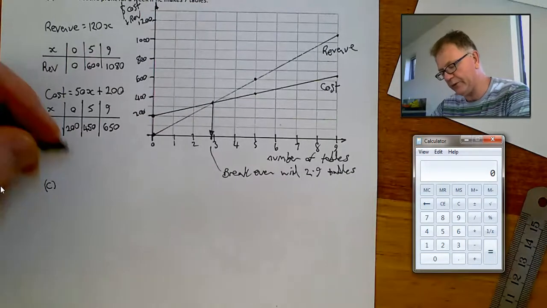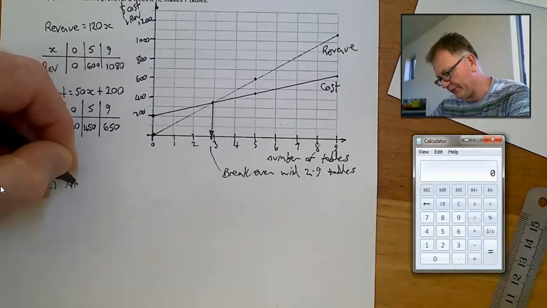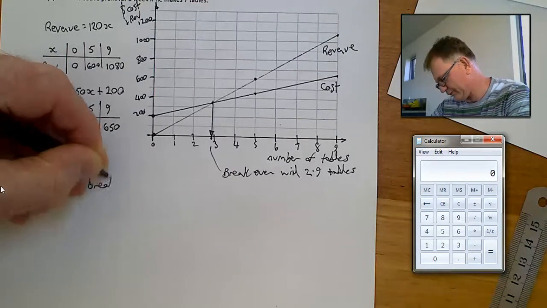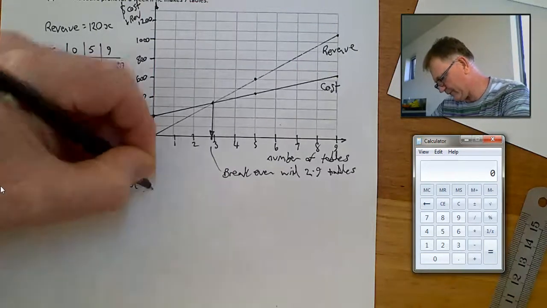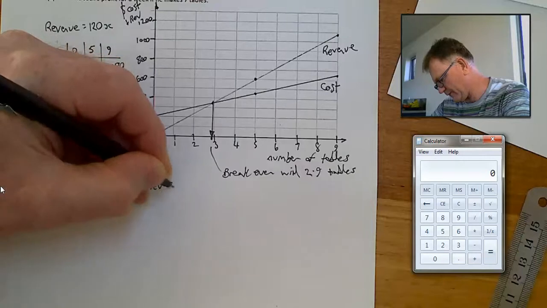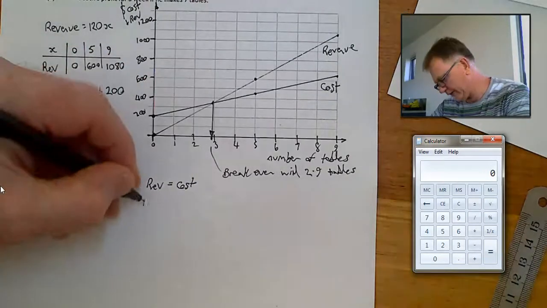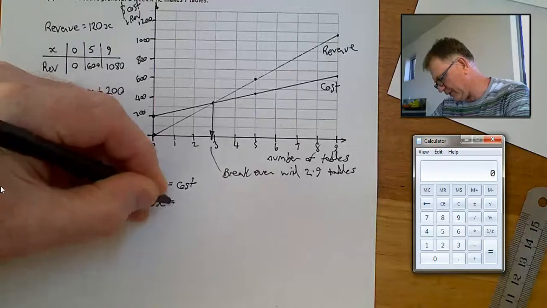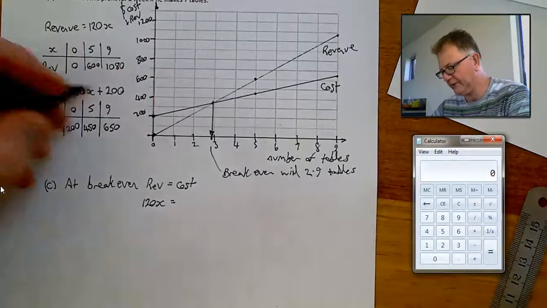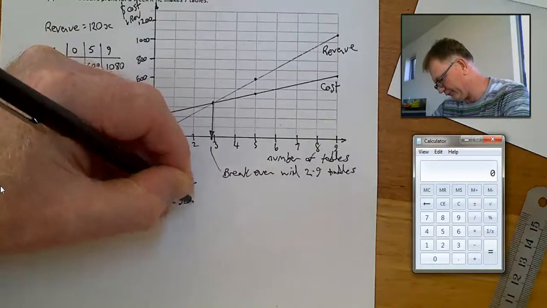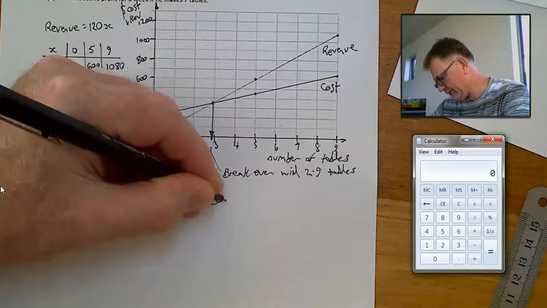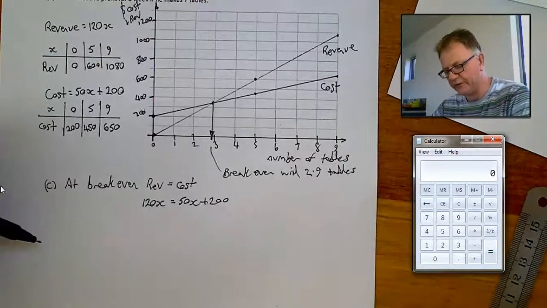At the break-even point, the revenue is equal to the cost. But that revenue equation was 120x. The cost equation is 50x + 200. Now I've got a little equation which I can solve.